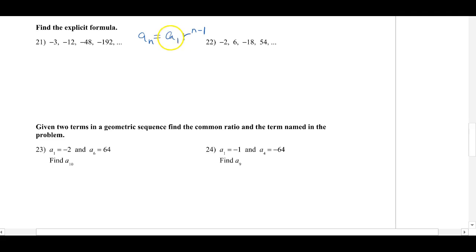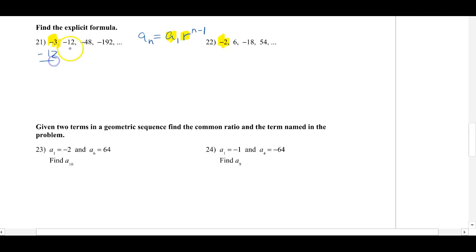What I need is the first term, a1, and the ratio, r. I already know the first term, because here it's -3 and here -2. So really I just have to find the ratio, and that will finish finding the formula.